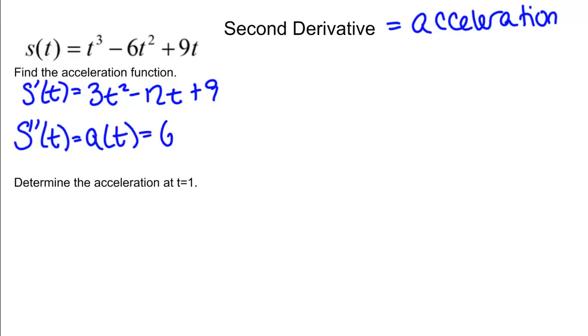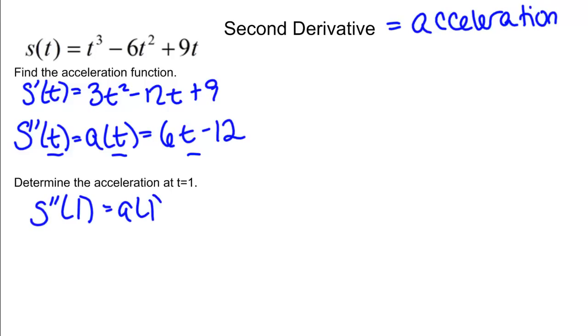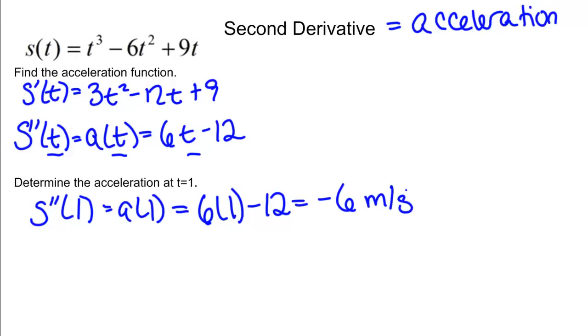So we get 6t minus 12. All right, and then we're asked to determine the acceleration at time equals 1. So everywhere we see a t, we're going to plug in 1. The acceleration at time equals 1 is 6 times 1 minus 12, which is negative 6. And we're in meters per second squared.